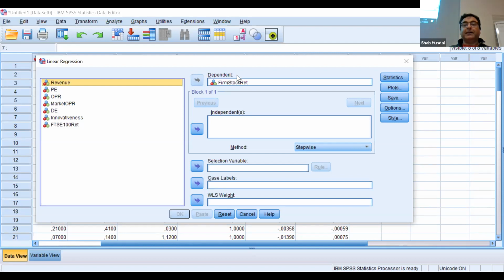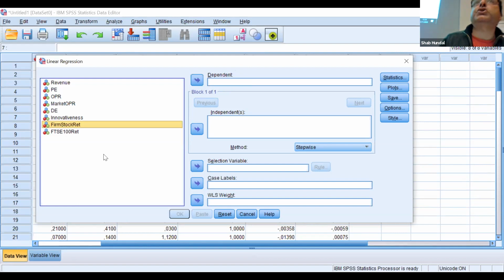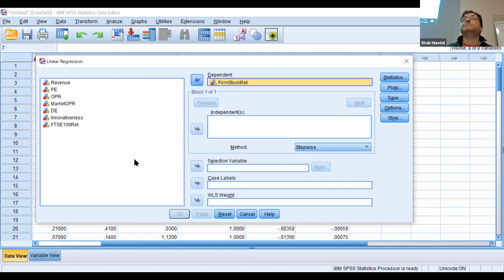But here, there's no S in the case of dependent, because SPSS knows that at the most, there can be one dependent variable. Let's bring it back. So may I ask you now, in our model, who should be our dependent variable? Stock return. So what I do, the firm stock return, we call it dependent.